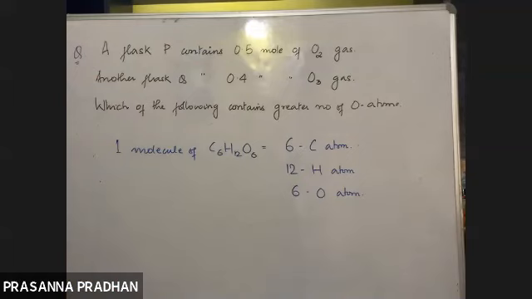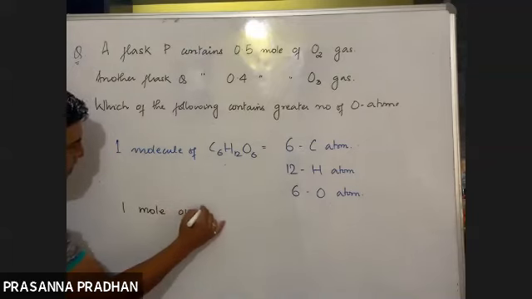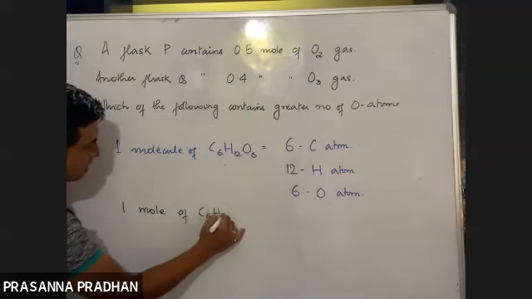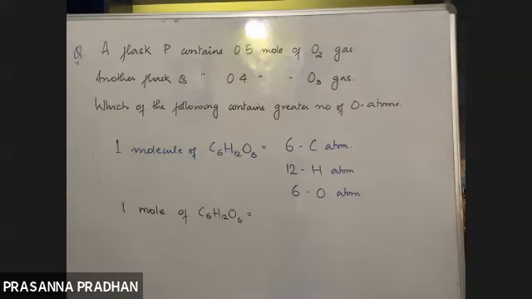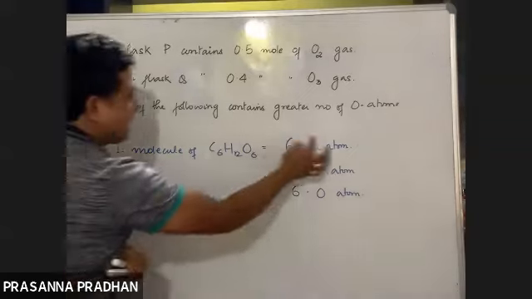So if this is the case, then 1 mole of glucose contains how many carbon atoms? One molecule contains 6 carbon atoms.